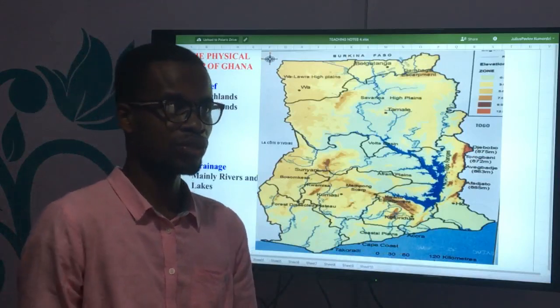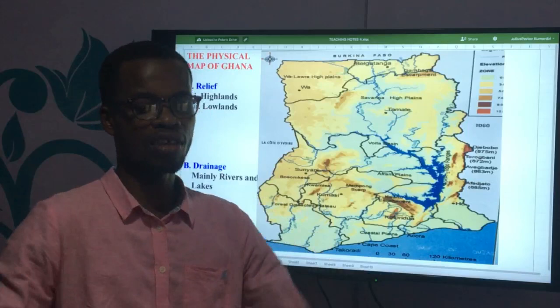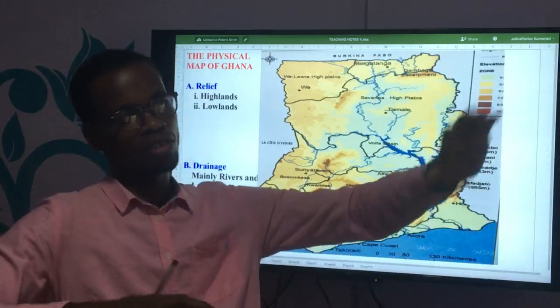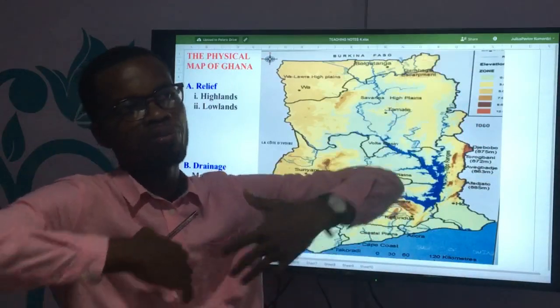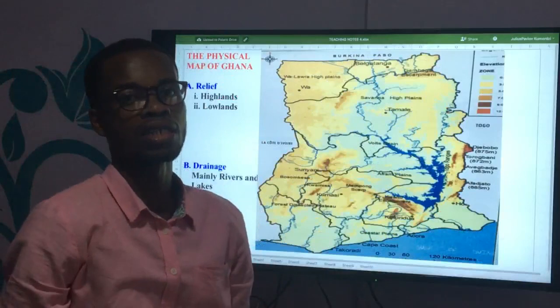So the lowlands, I told you that we have the plains and we have the what? The valleys. So a valley is a lowland between two highlands. But when we talk about plains, there's like a flat surface of land, very broad, which extends to a very long distance.